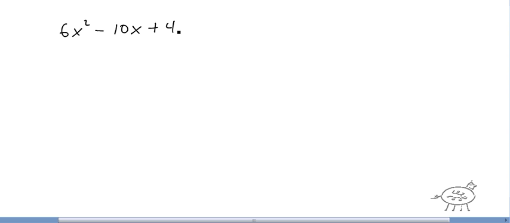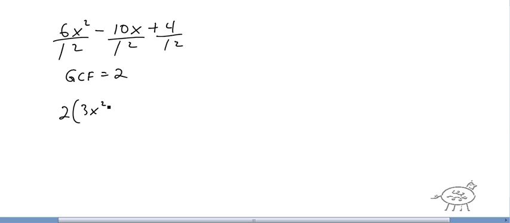You should say, let's see, 4 doesn't go into 6 and 10, but 2 does. The good thing to know is that if they're all even numbers, the 6, the 10, and the 4, I know I can at least take out a 2. So my greatest common factor equals 2. I'm going to divide each of these by 2, and I get 2 parentheses 3x squared minus 5x plus 2.